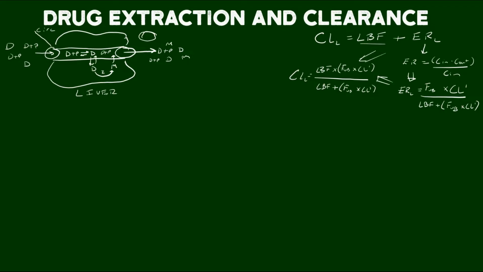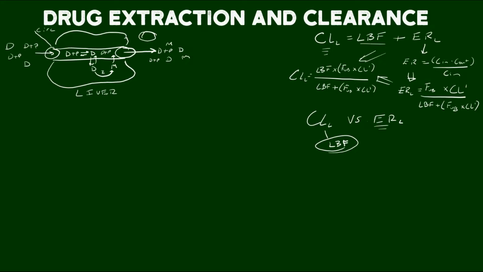So what are the differences between clearance in the liver versus the extraction ratio in the liver? That would be the liver blood flow. The left side of the equation is just liver blood flow, which is the left side of the equation up here for clearance of the liver, and then the right side is just the extraction ratio. So that's how they combine together.